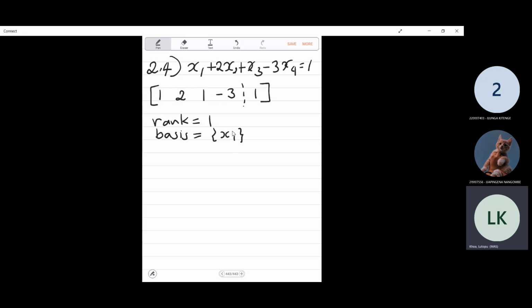Okay, so if this one is my basis, then the non-basic variables, so non-basic variables just mean the variables that are not part of your basis. So I have my variables x1, x2, x3, and x4. x2, x3, and x4 are not in the basis, so they form part of my non-basic variables.